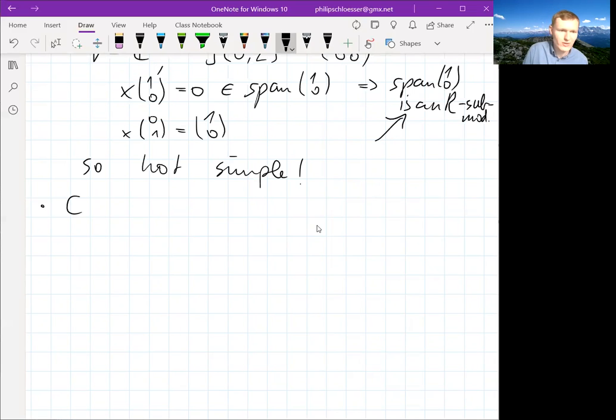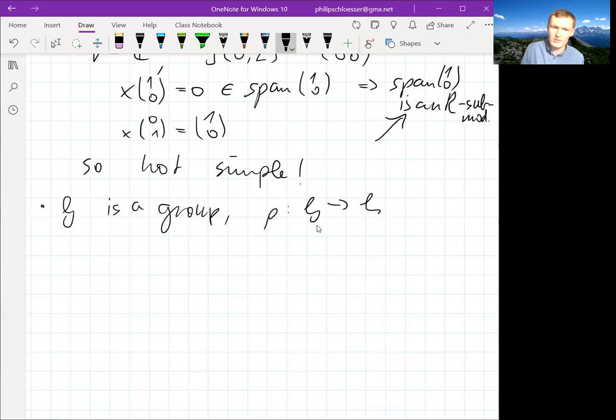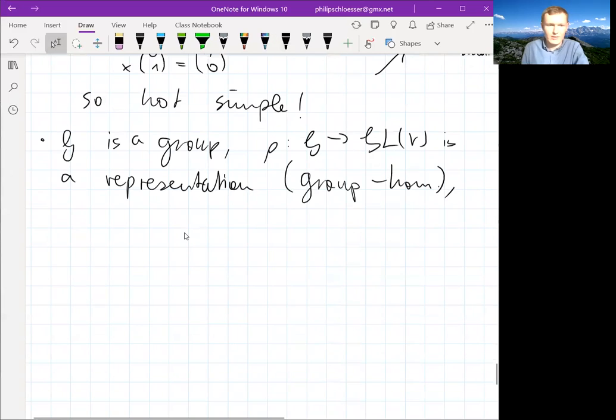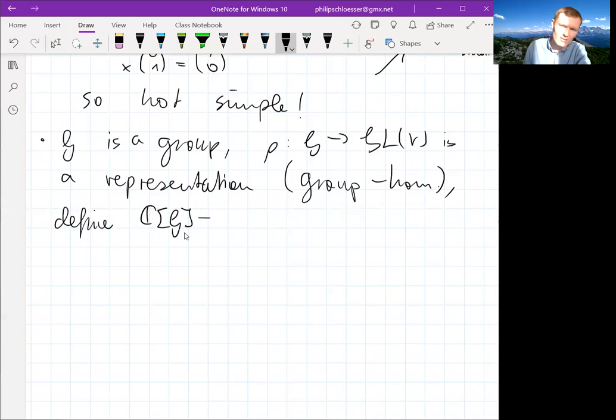So now for the, I guess, more tractable example: if G is a group, and rho from G to GL(V) is a representation, which just means a group homomorphism, then we can make this representation into a CG module structure on V, as follows.